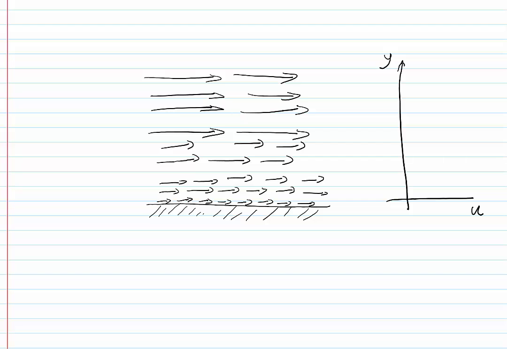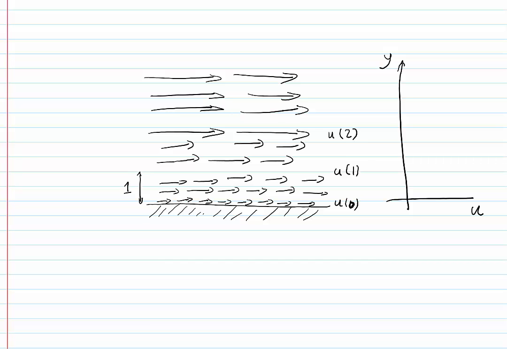So u0 is the velocity at the surface. u1 is the velocity at distance 1 from the surface. This could be 1 meter, 1 centimeter, in some distance units. And u2 would be the velocity at 2 units from the surface.